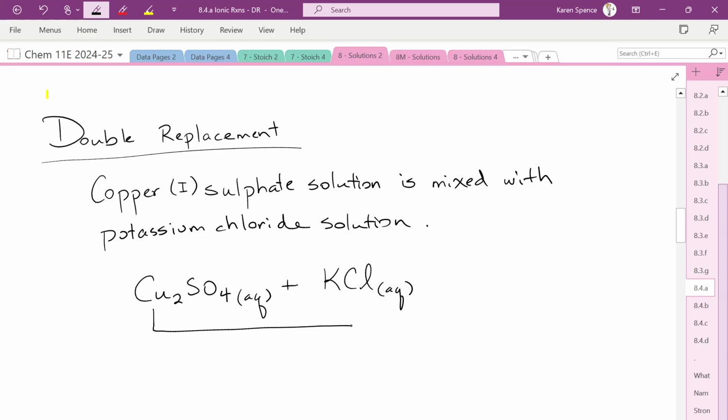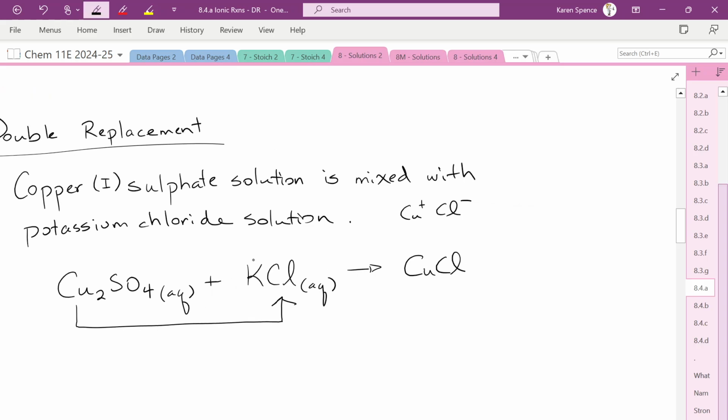Outside ions, CuCl, because it's copper 1 plus, CuCl. And K is positive, SO4 is 2 minus. So that's going to be K2SO4.